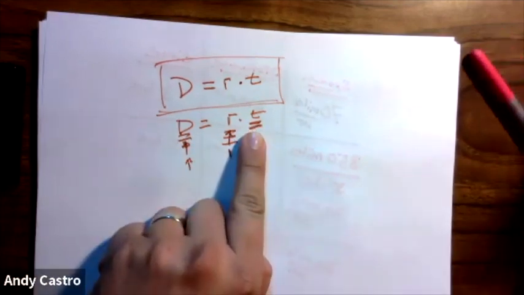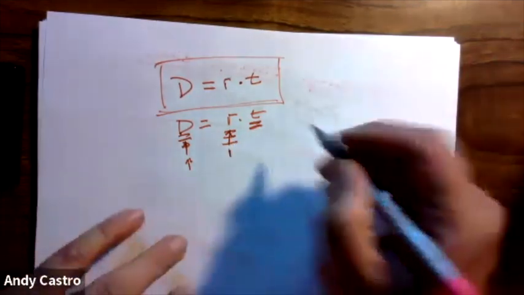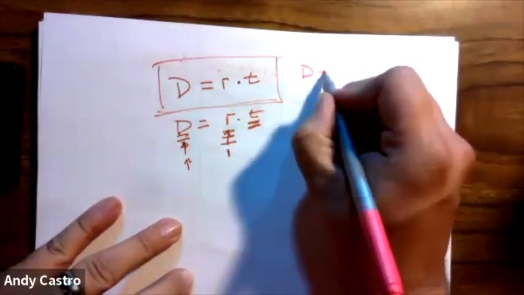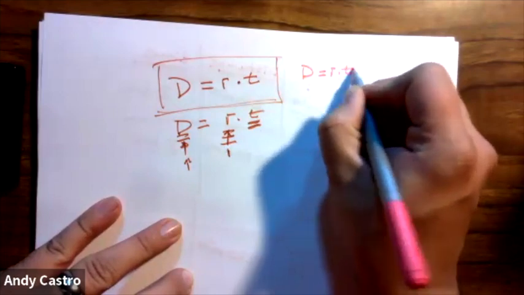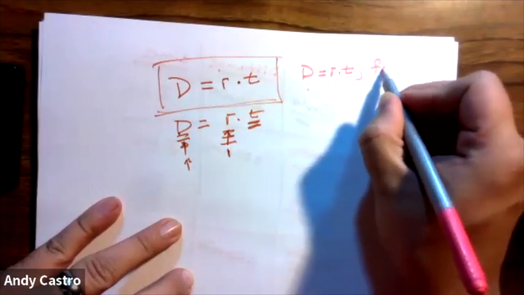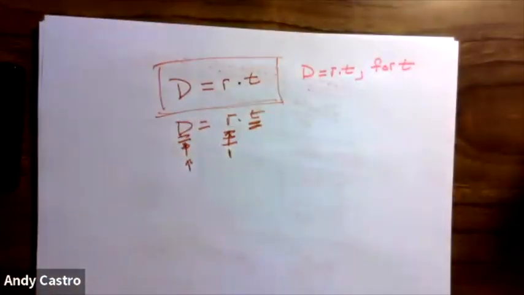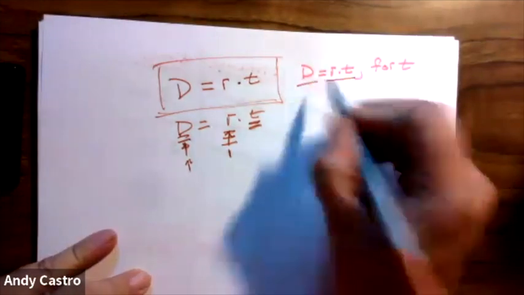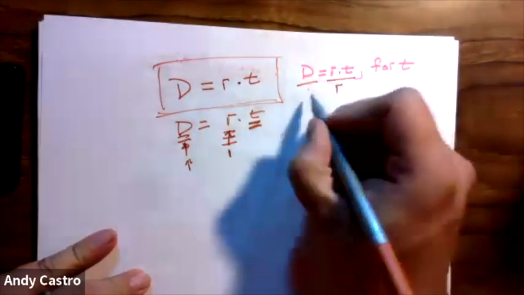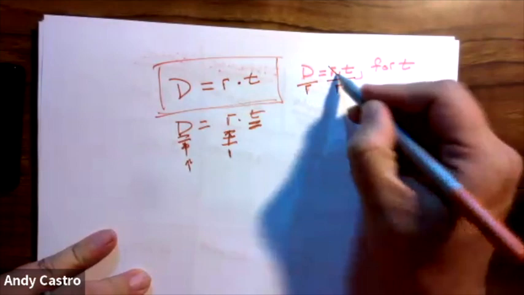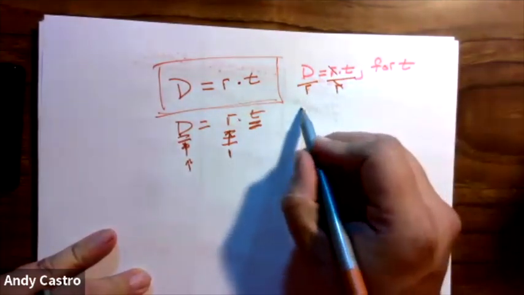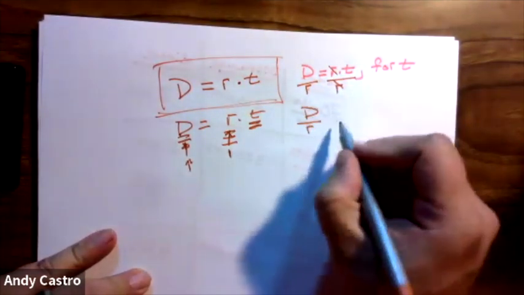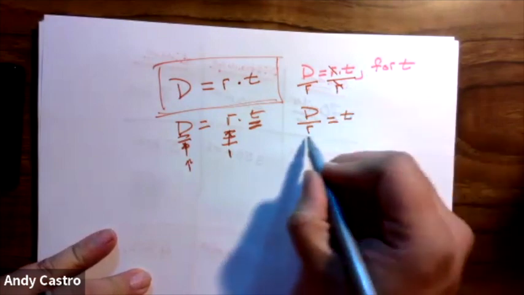But if I wanted to solve for time, then I would take the equation that I know and solve that for time, t. To do that, I would divide both sides by rate. And I would have distance divided by rate is equal to time.